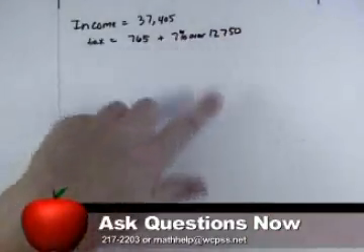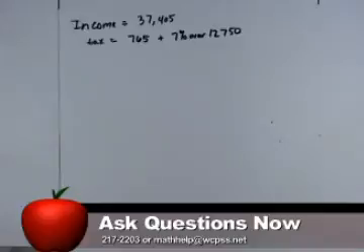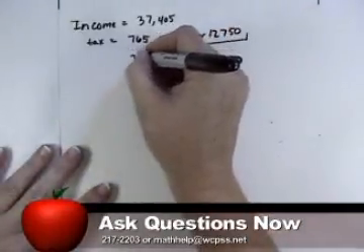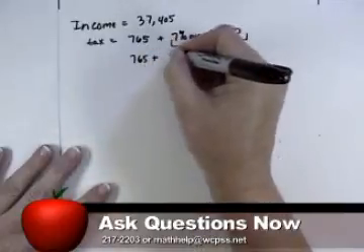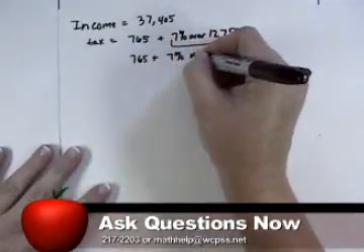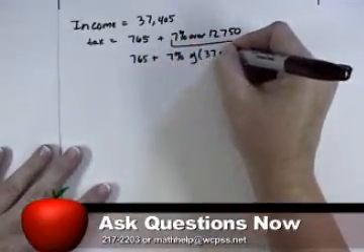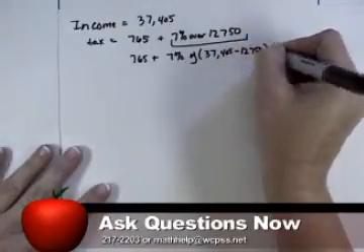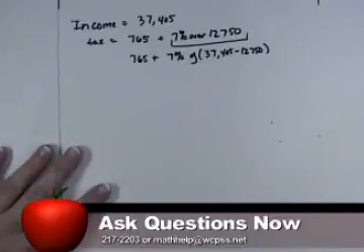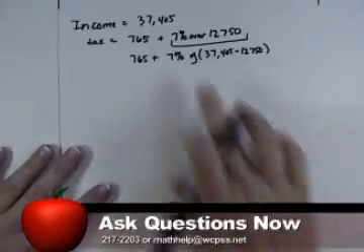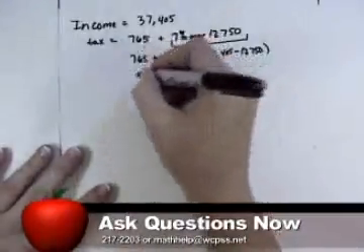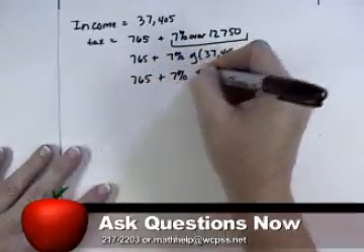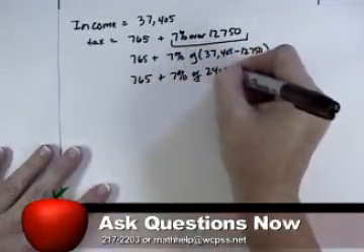Well, how much more money did she make over 12,750? Okay, so this is almost a little tiny problem in and of itself. So that's 765 plus 7% of 37,405 minus 12,750. Okay, so you have to figure out what exactly, Natasha, is the money that's being taxed at the 7%. So 765 plus 7% of 24,655.